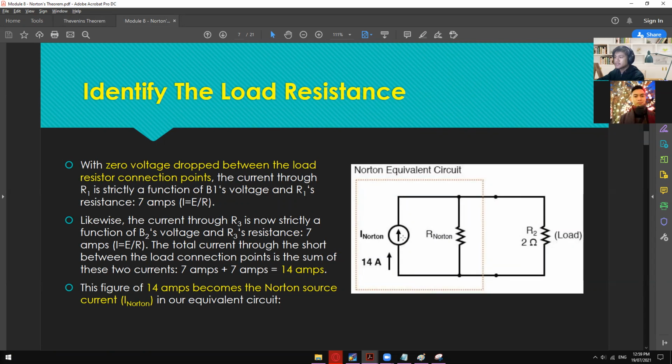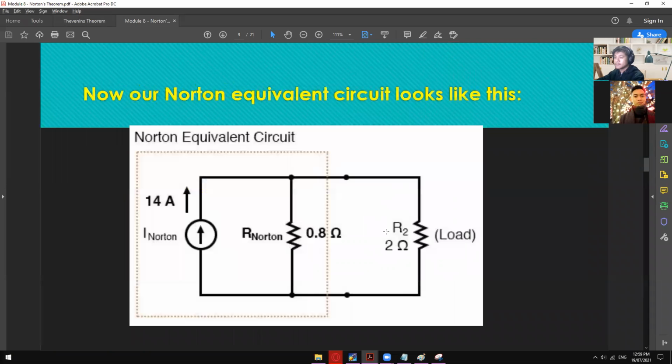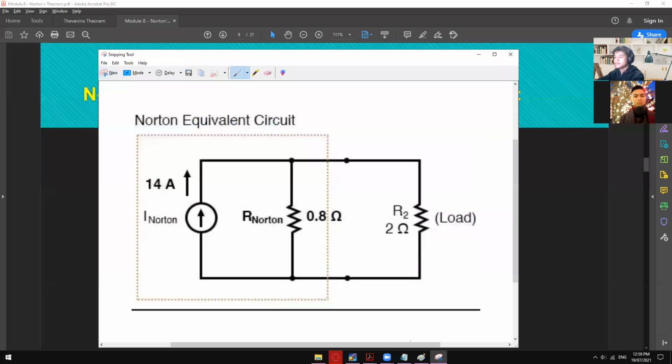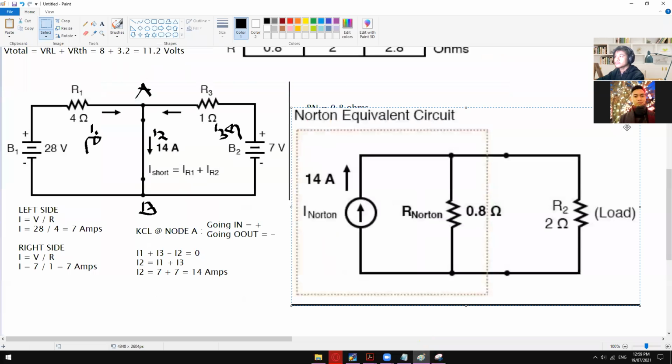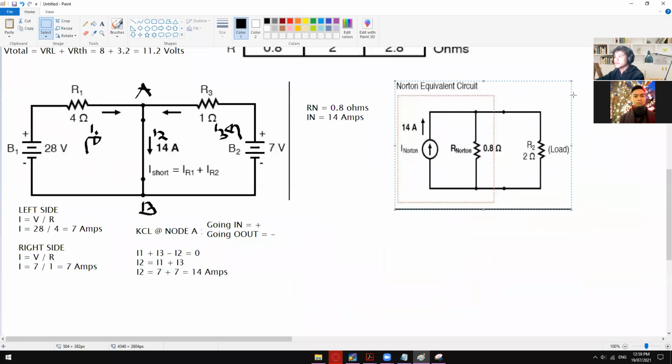Just replace the given values. Let me use this one as our complete circuit. So 0.8 for the R Norton, and then 14 amps for the I Norton.